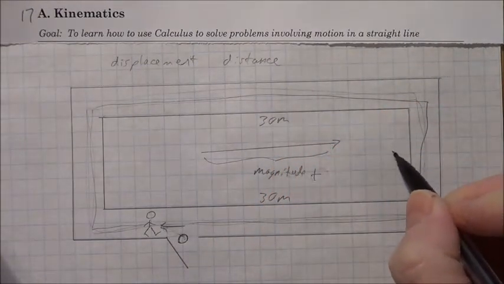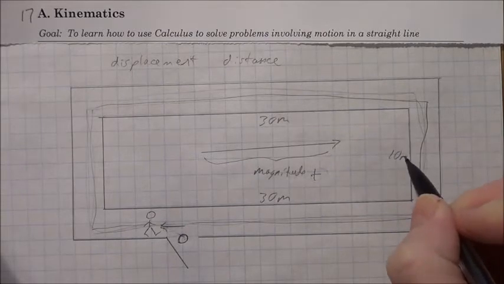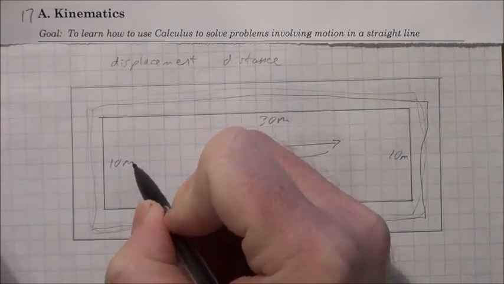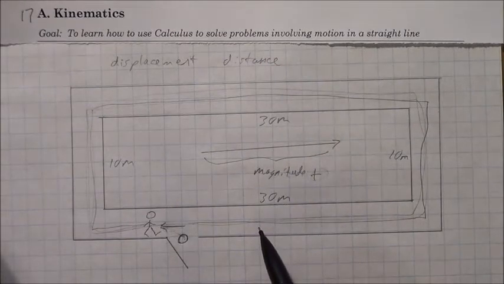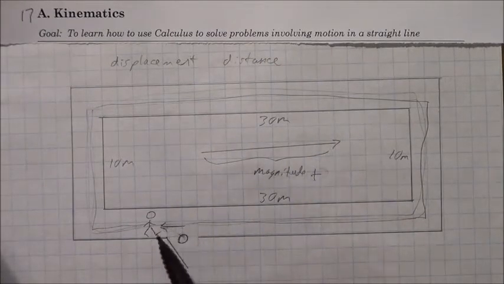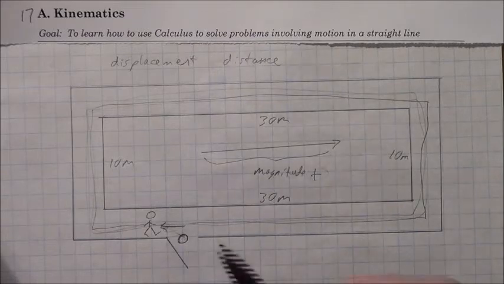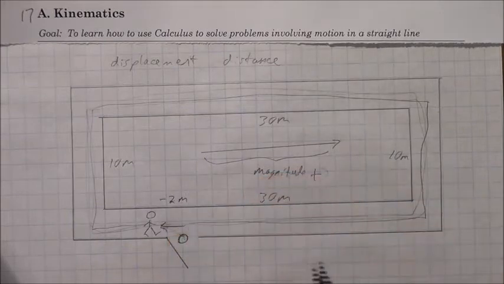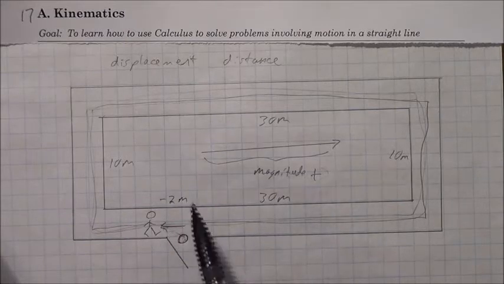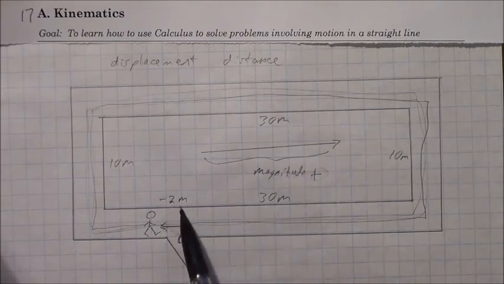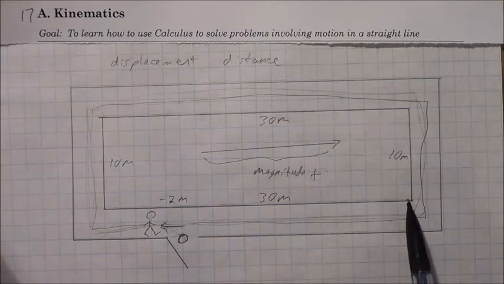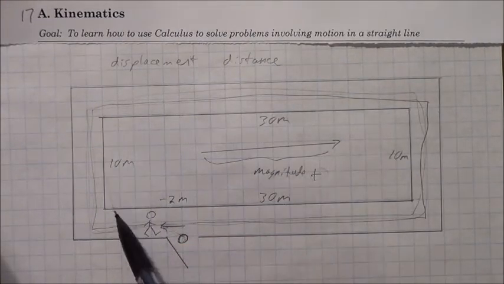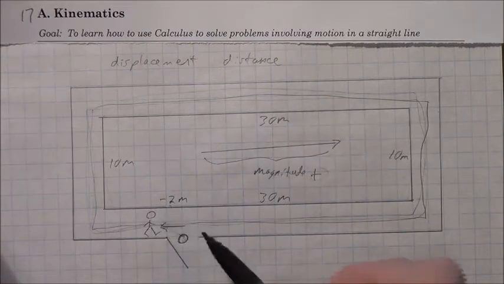Let's say, just for the sake of simplicity, this is 10 meters and 10 meters. So we would say that the displacement of this person at this moment in time is negative 2 meters. That would be the displacement of that person from this point. The distance that the person may have walked would be all of this distance here, plus that 10, plus this 30, plus that 10, plus all the way back to here again.